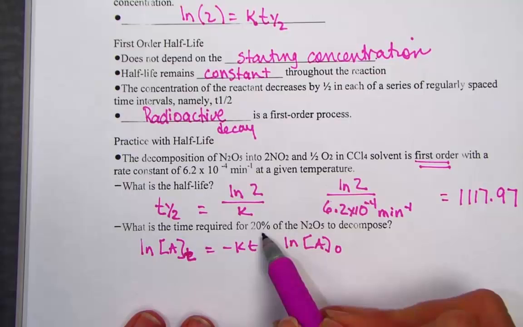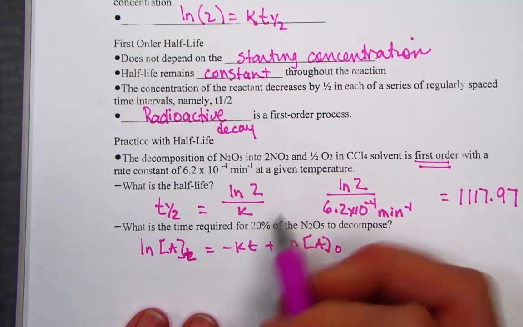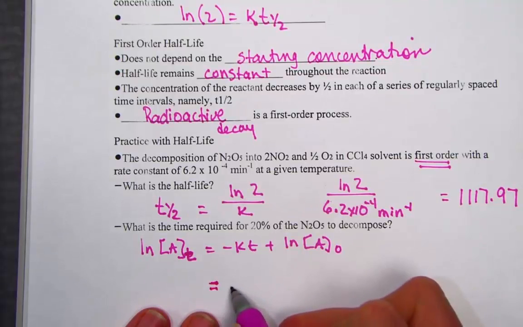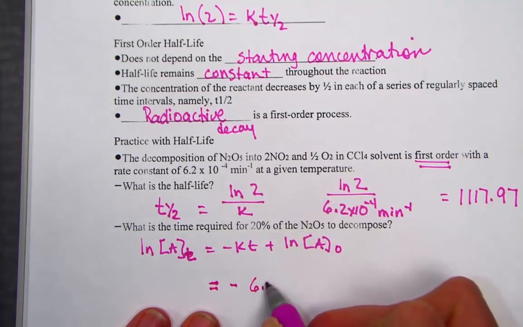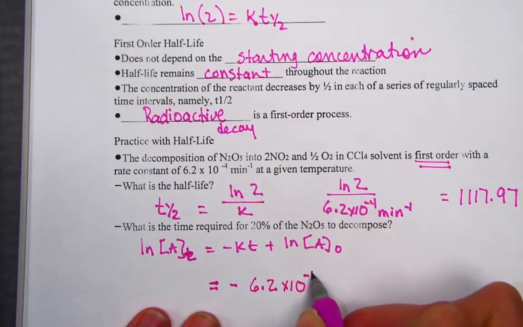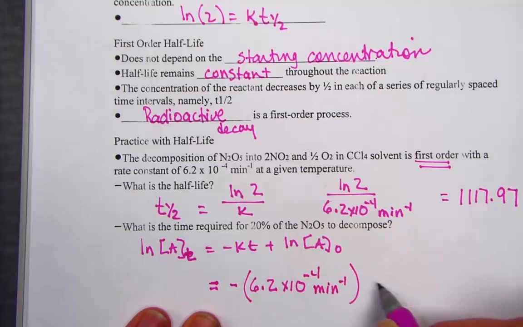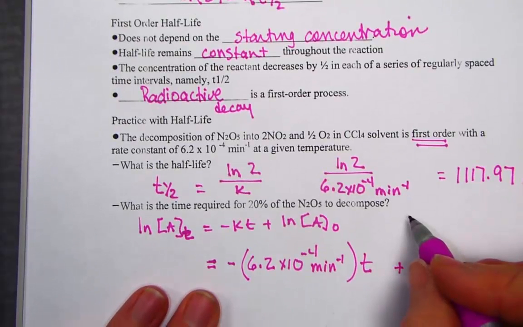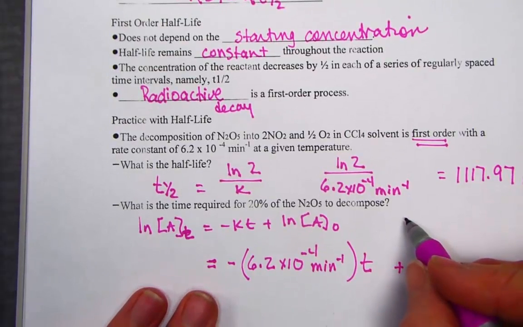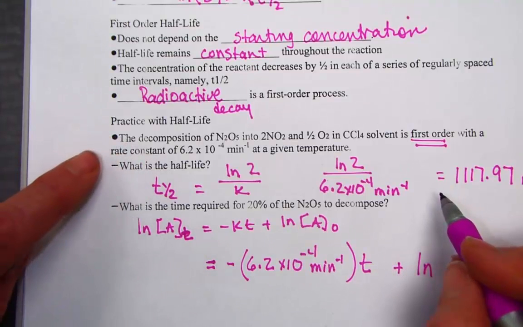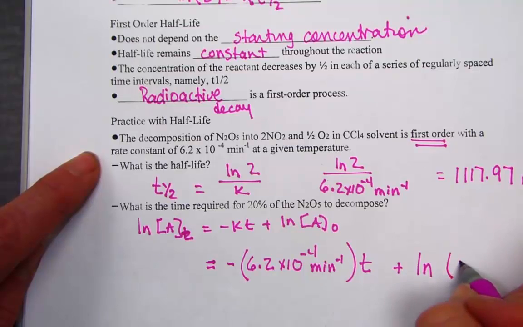If 20% has decomposed, let's plug in what we know. The K constant equals negative 6.2 times 10 to the negative 4th per minute. So that's the K. T, that's what we're trying to solve for, plus the natural log of the original value. And that original value, let's just say 1.